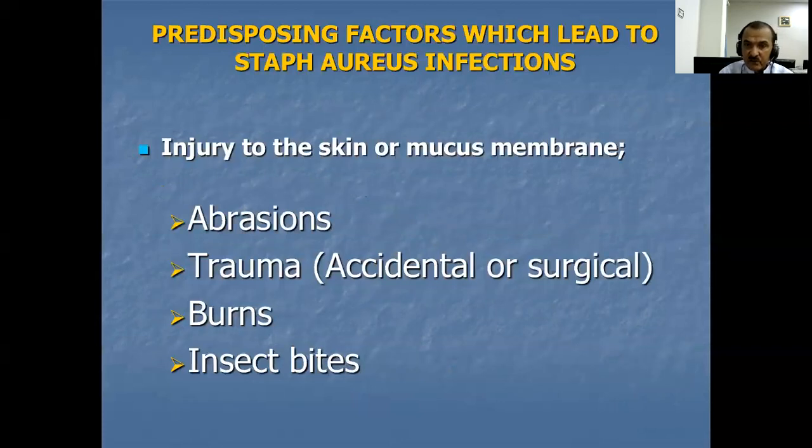Predisposing factors which lead to Staphylococcus aureus skin infections. Injury to the skin or mucous membrane, which leads to abrasions, trauma, accidental or surgical, burns, and insect bites.